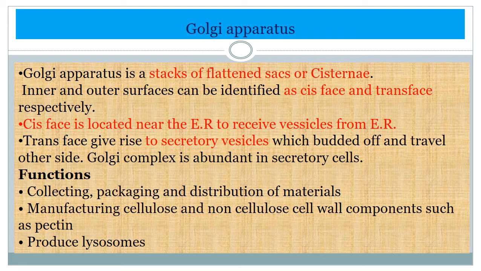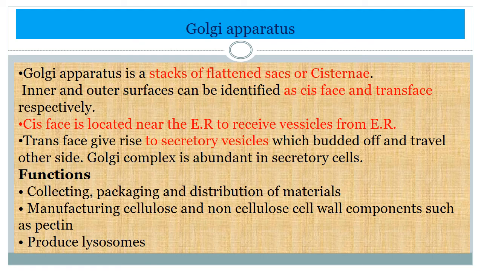So again, the Golgi apparatus is a stack of flattened sacs or cisternae. Inner and outer surfaces can be identified as the cis and trans face respectively. The cis face is located near the ER to receive the vesicles from the ER. The trans face gives rise to secretory vesicles which bud off and travel to other sites. The Golgi complex is abundant in secretory cells.